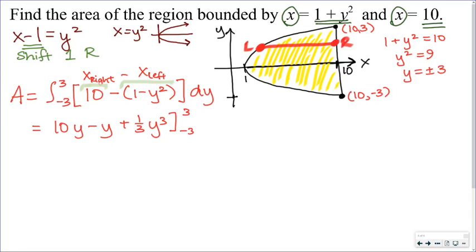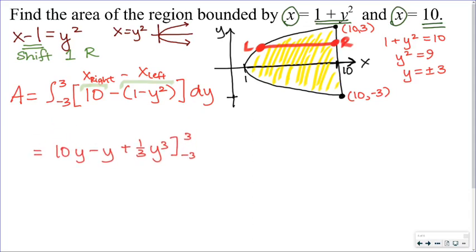Now, I'm going to solve that in a moment, but I just want to point out that I also could have done this slightly differently. I also could have said, okay, well, I know that this section here is symmetric to this section here.